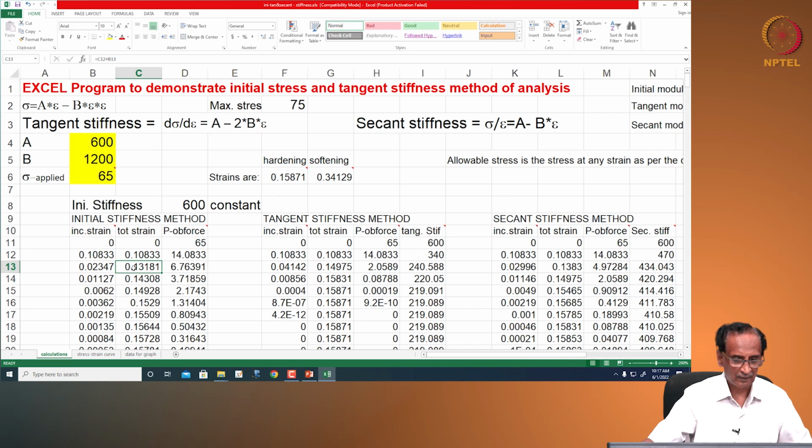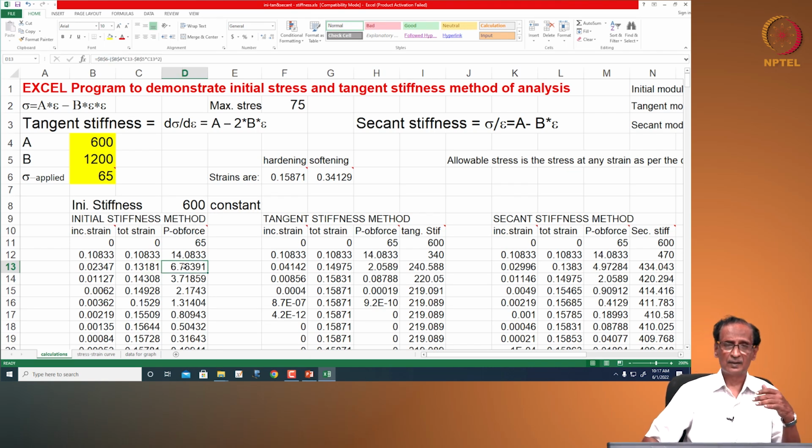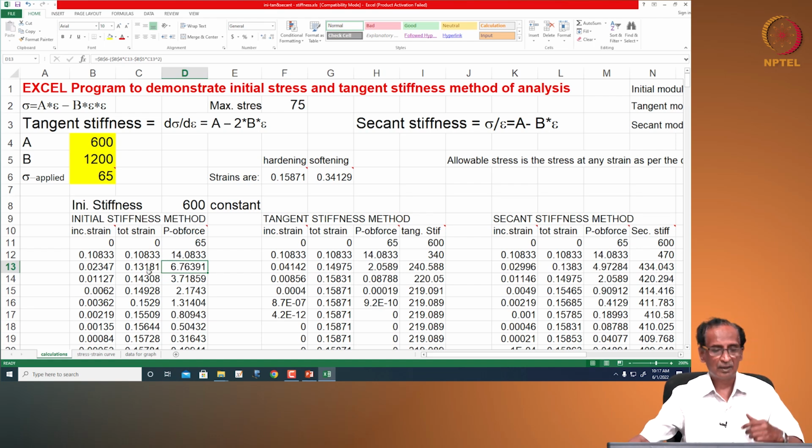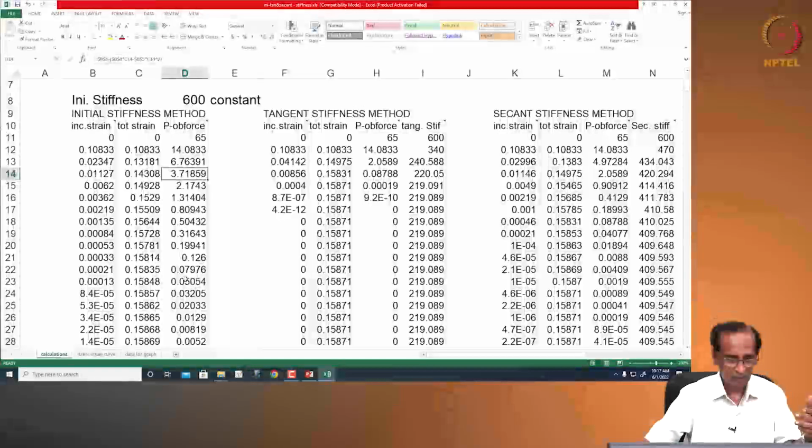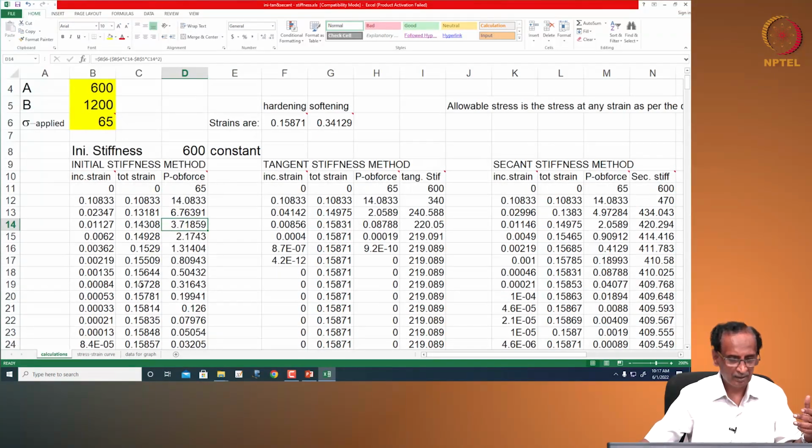This is our total strain, and now the outer balance stress is 65 minus the stress corresponding to the strain of 0.1318. Okay. And then we calculate the new strain increment, and then the total strain, and then the outer balance stress, and so on. We go on continuing until we are happy with the solution that we get.